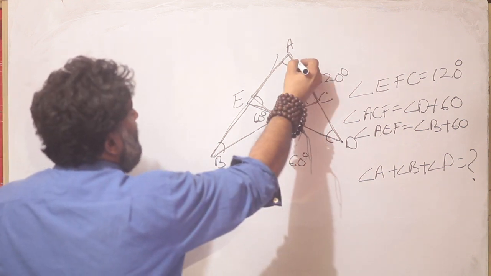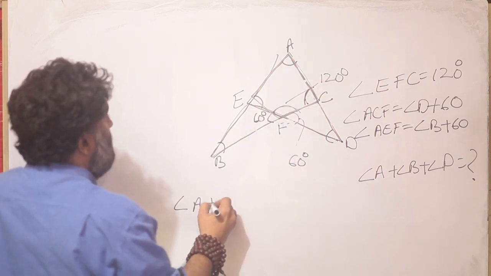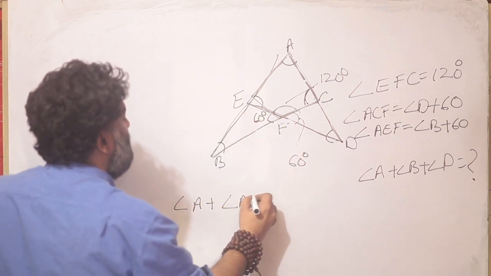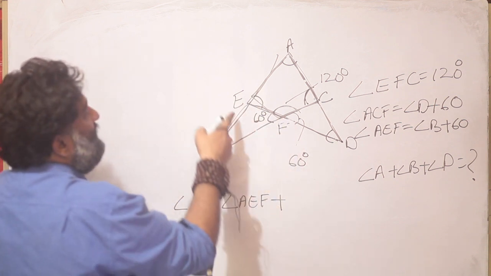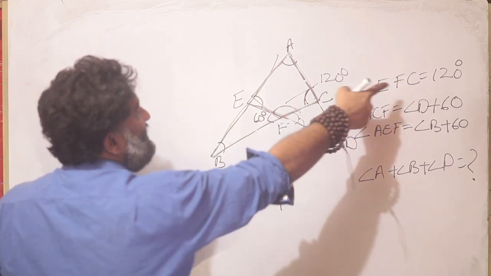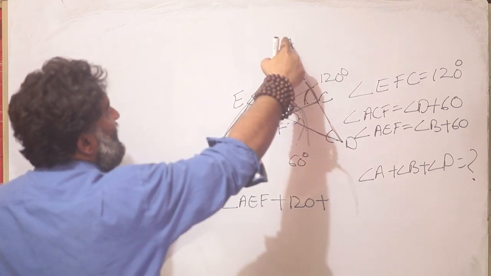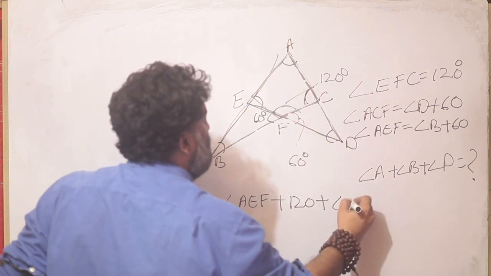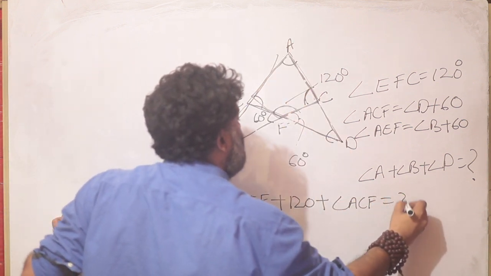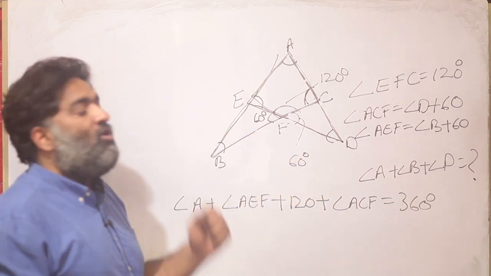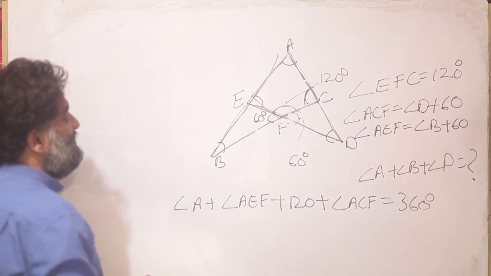That means angle A plus angle AEF plus angle EFC, which I already know as 120, plus angle ACF is going to be 360 degrees, because in a quadrilateral sum of all angles is always going to be 360 degrees.